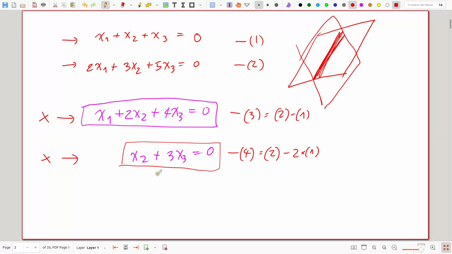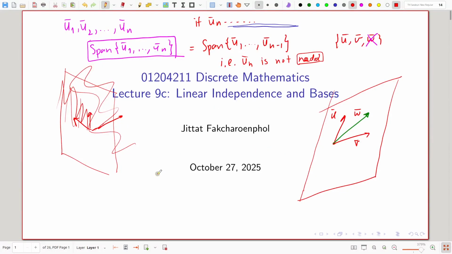This equation as well, right? So it's the same kind of thing as this vector w. If you want to generate this plane, I only need two vectors. Adding the third vector doesn't help at all because the third vector can be generated using the first two vectors.